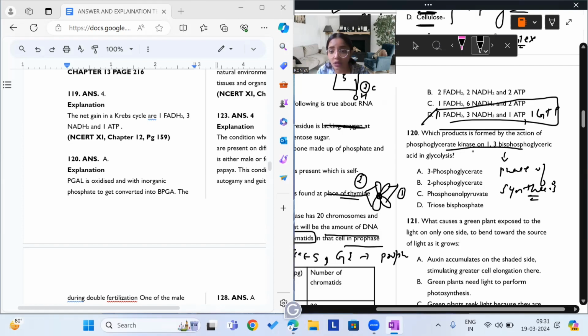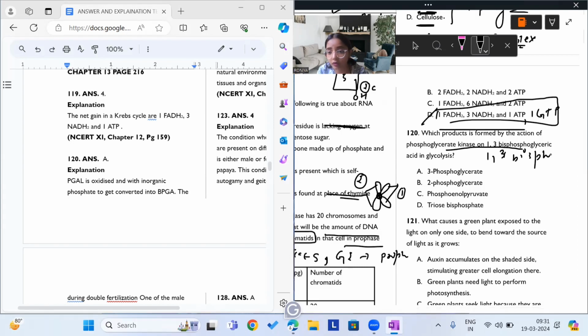So what happens is 1,3 bisphosphoglyceric acid in presence of phosphoglycerate kinase forms 3-phosphoglycerate or 3-phosphoglyceric acid. So answer to this question is option number 1. Okay, I hope it is clear to all of you.